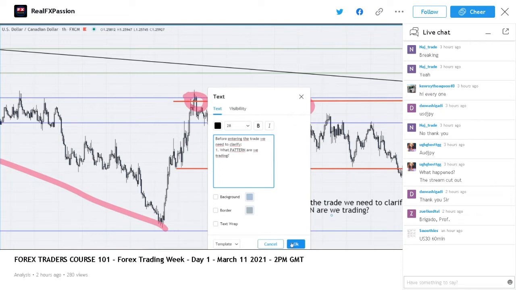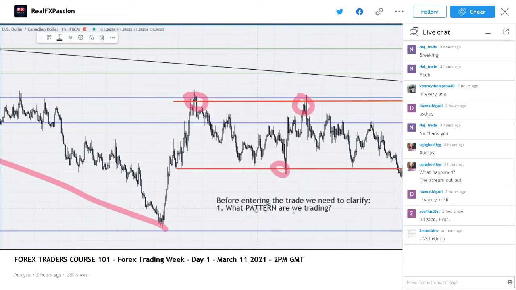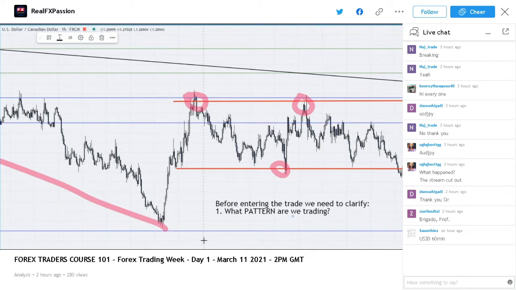Okay, extremely important question, because the stop loss goes on the pattern traded. So Nudge, if you want to short the market, what pattern are you shorting?